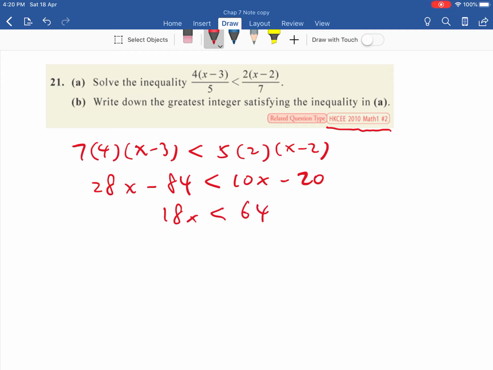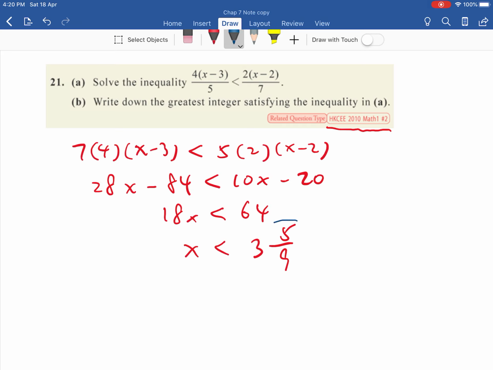Therefore 18x is less than 64. Therefore x is less than 64 divided by 18. With the help of the calculator, I found out that the value is 32 over 9.